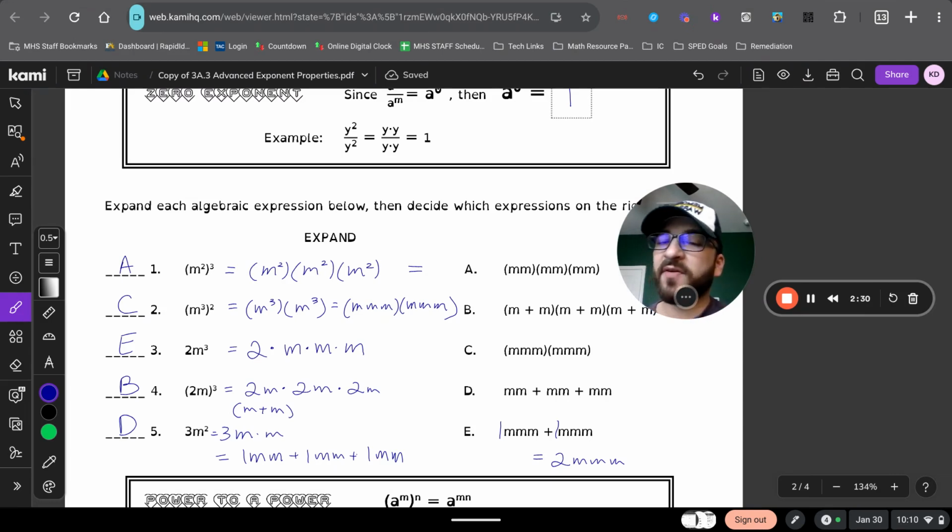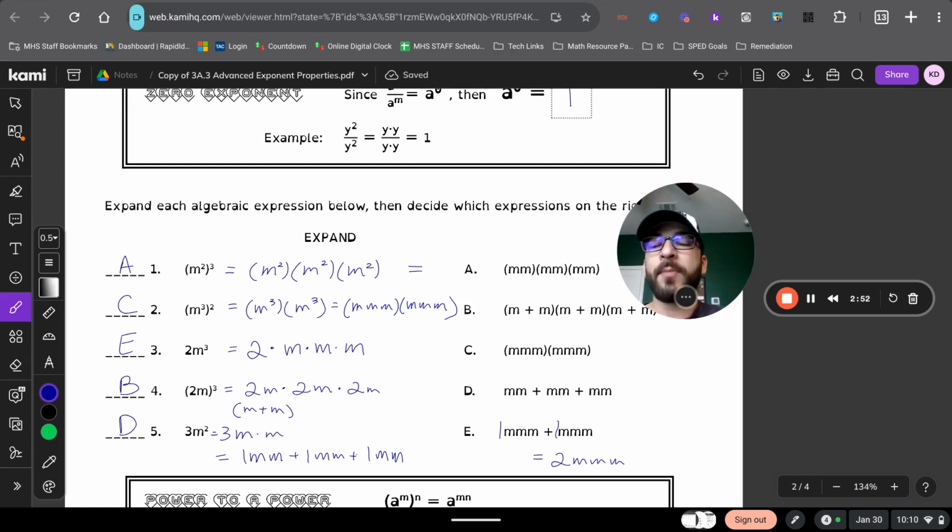Now 3, 4, and 5 are what I would say are the hard ones. So on 3 we have 2m cubed, so only the m is being cubed, so it would be 2 times m times m times m, which is the same as 1mmm plus 1mmm, which would give us 2mmm, which means E would be our match for 3. But then on 4, a little bit different.